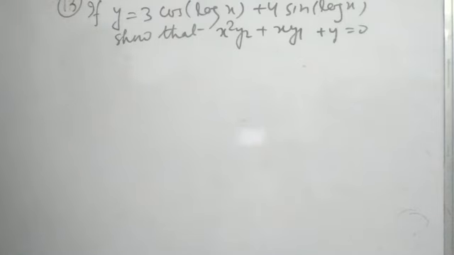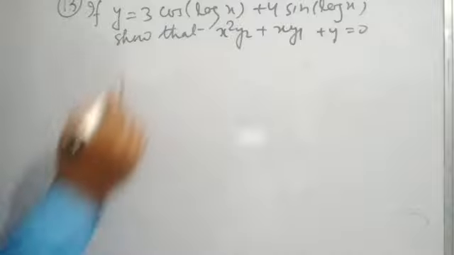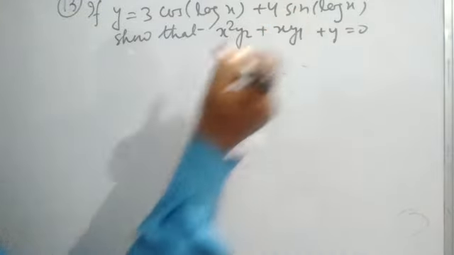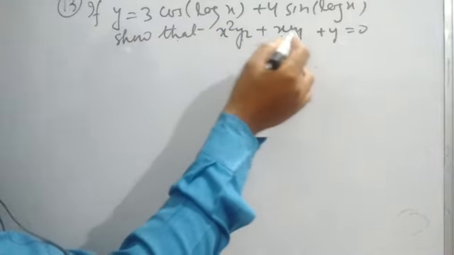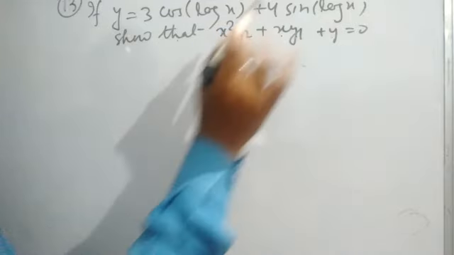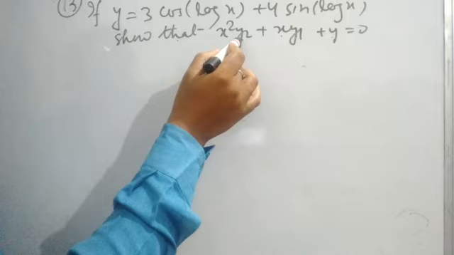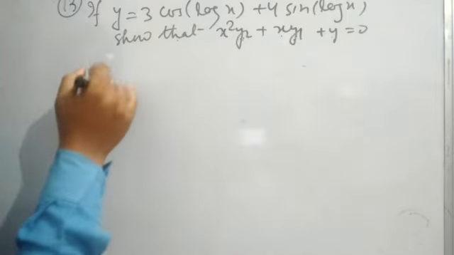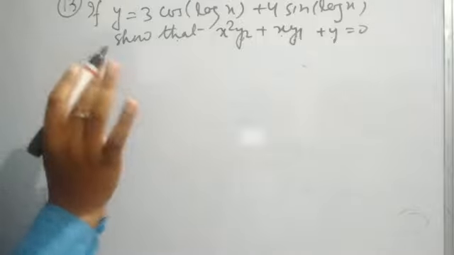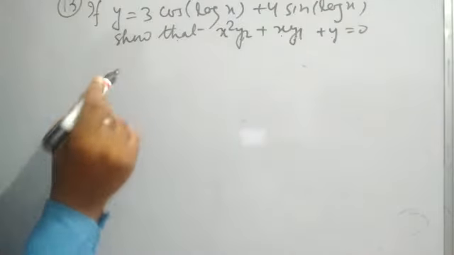Now question number 13: y is equal to 3 cos log x plus 4 sin log x. We have to prove that x square y2 plus x y1 plus y is equal to 0. Here y2 is the second order derivative and y1 is the first order derivative. In this case the proof is very fantastic.